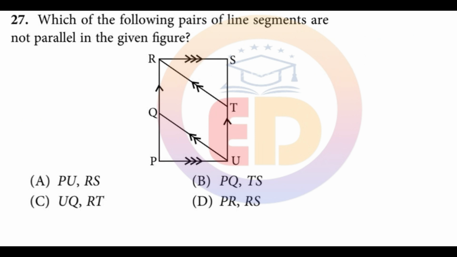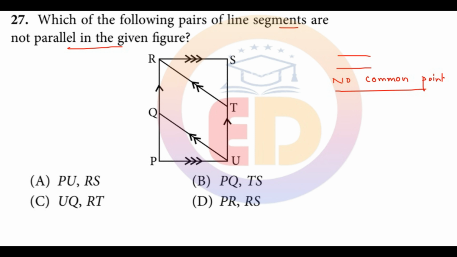Next question, which of the following pairs of line segments are not parallel in the given figure? Parallel. Two lines have no common point, not intersecting, or the lines which will not intersect are called the parallel lines. Even if you extend them, they will not intersect.